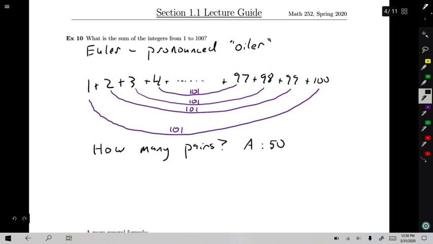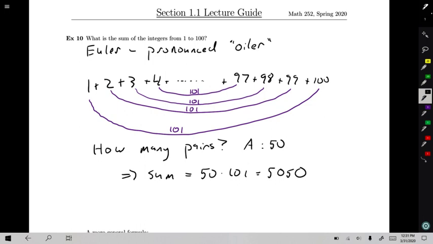All of those pairs add up to 101. And so the total sum is equal to the number of pairs, 50, times the sum of each of those pairs. So 50 times 101 is 50 times 100, which is 5,000, plus 50 times 1, which is 50, so 5,050.